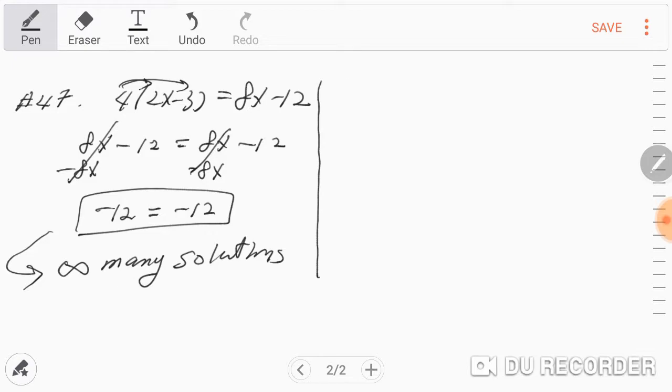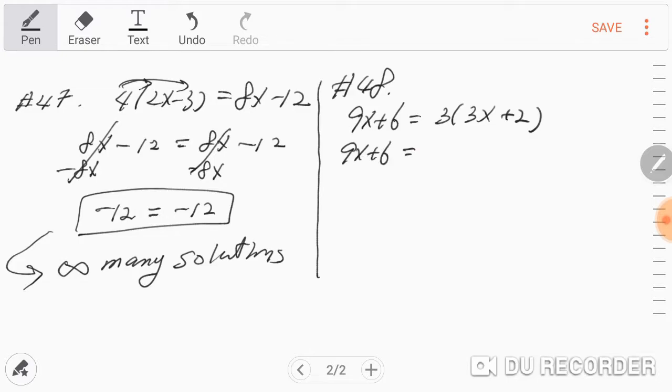Let's try another one. Number 48. 9x plus 6 equals 3 times (3x plus 2). Okay, let's remove the parentheses. The left-hand side is the same. The right-hand side, 3 times 3x is 9x. 3 times 2 is 6. Get rid of 9x from the right side, so minus 9x from each side.